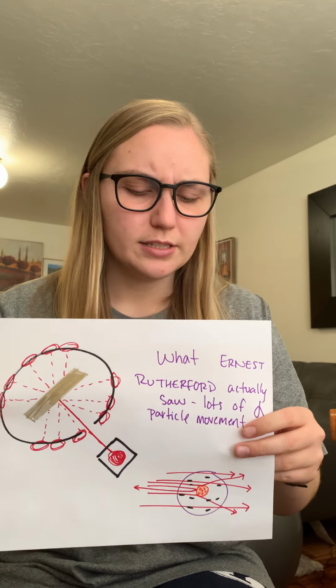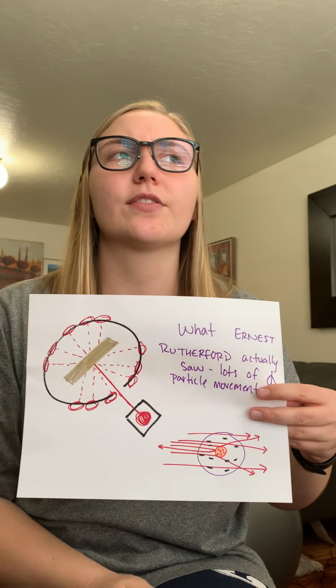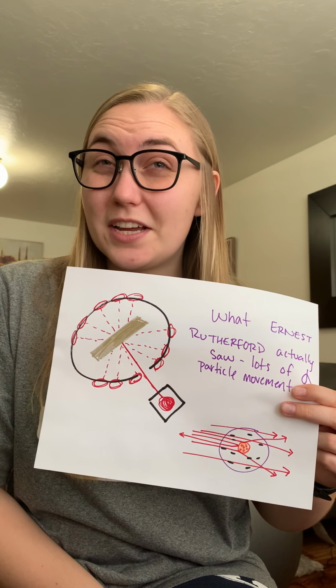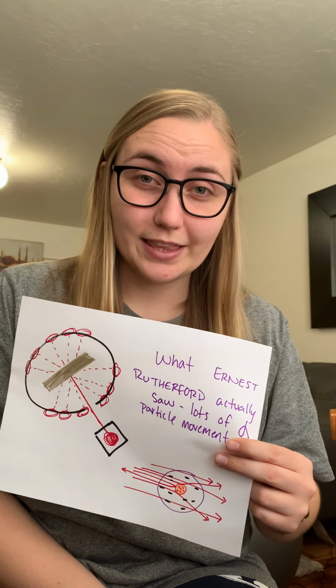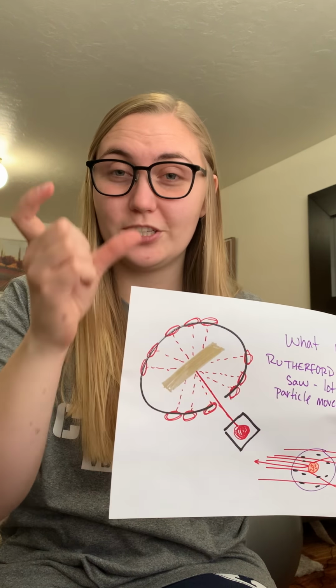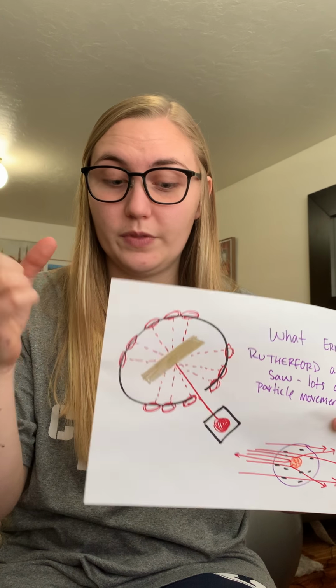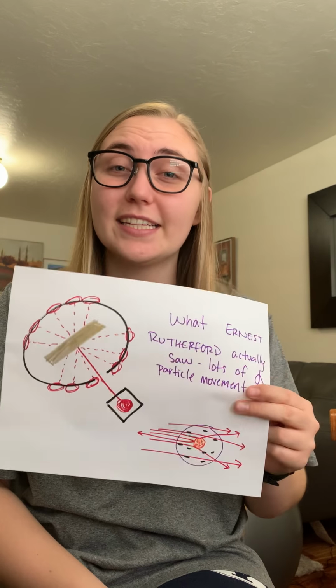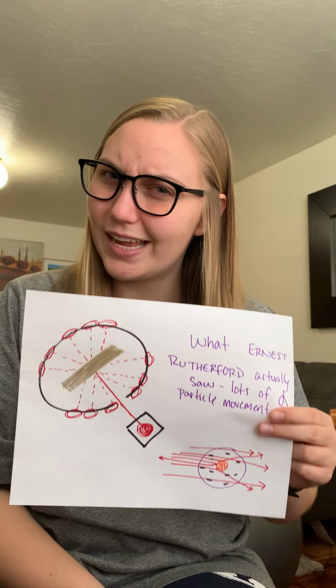He did some math with the size of the alpha particles, and I want to say it was 1 divided by 3,000 of the alpha particle; it was tiny. So he said this is a tiny, tiny spot that has all of the mass and all of the positive charge. So he finished up there? Not actually.